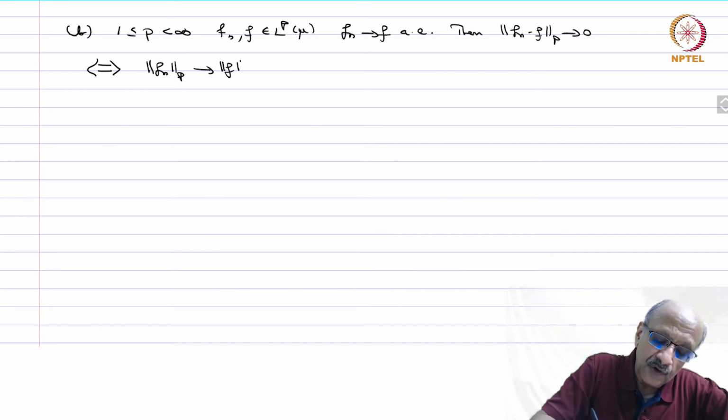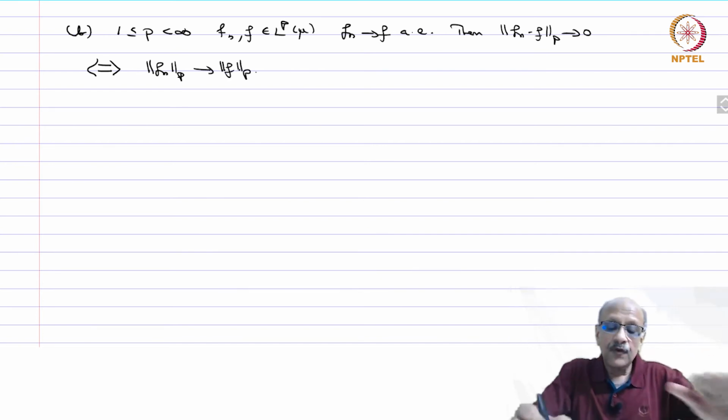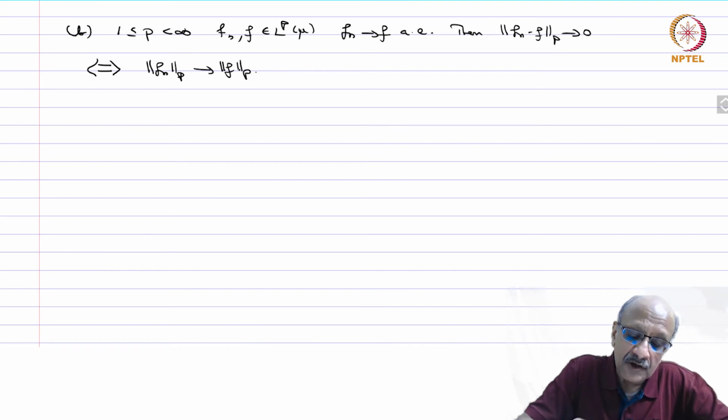So this is a useful result, because if you know that both the functions, that is f_n and f, are in L^p, and if f_n goes to f pointwise and the norm converges, this is usually easier to show, then you have that it actually converges in the L^p norm.